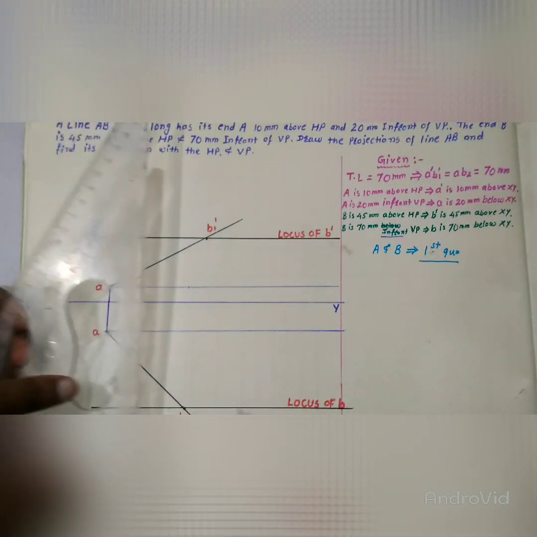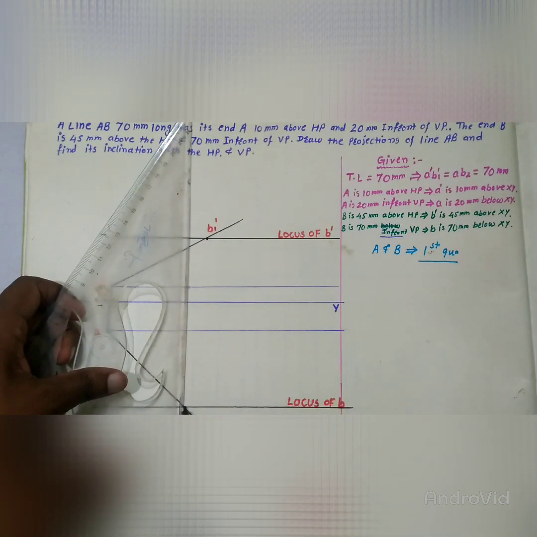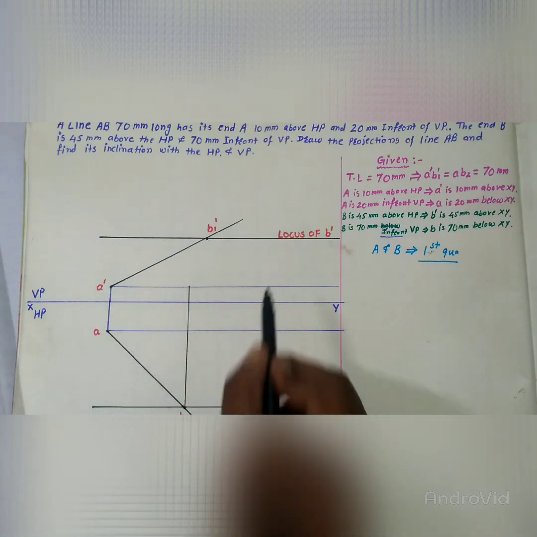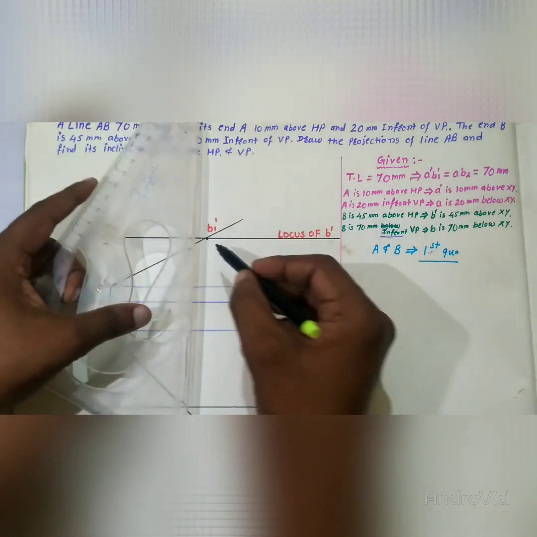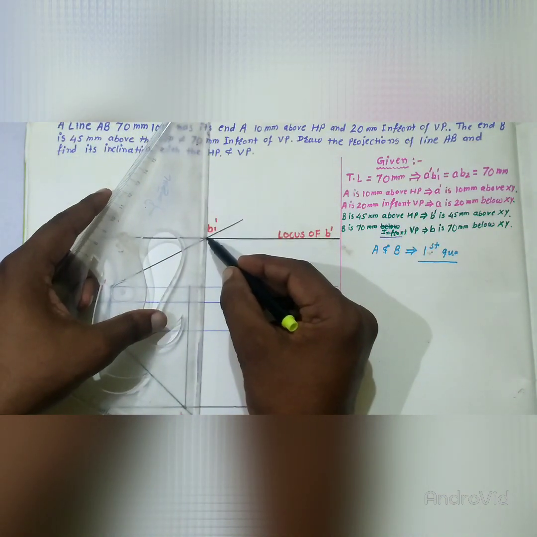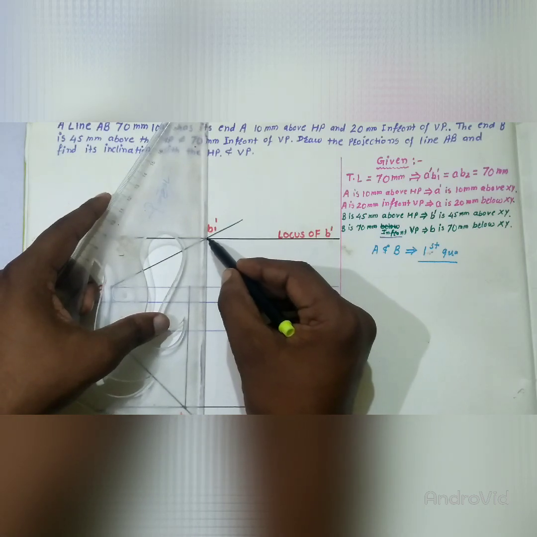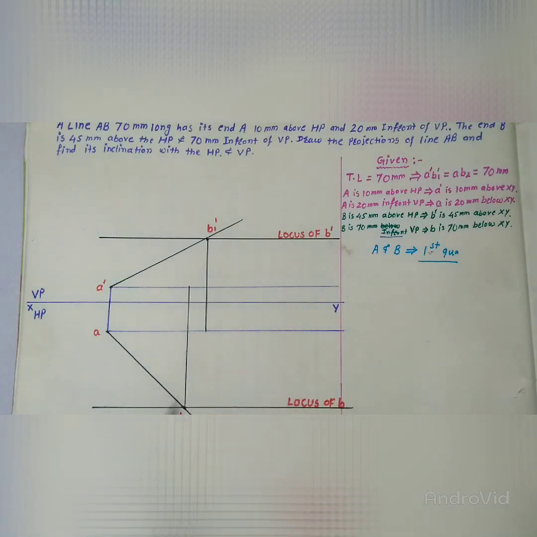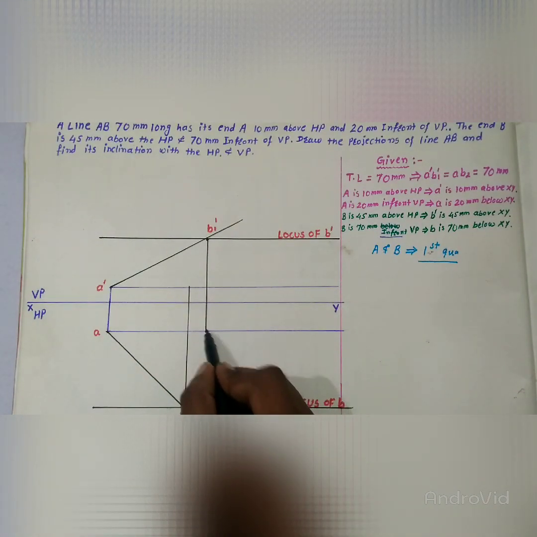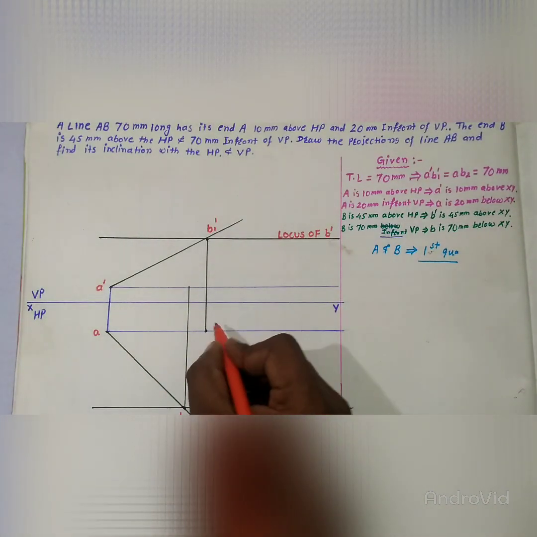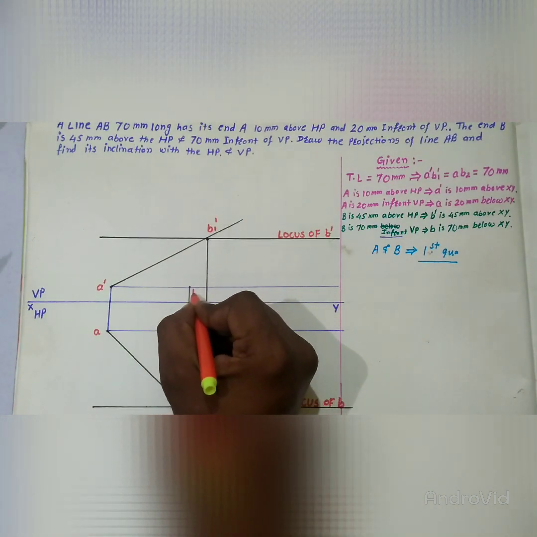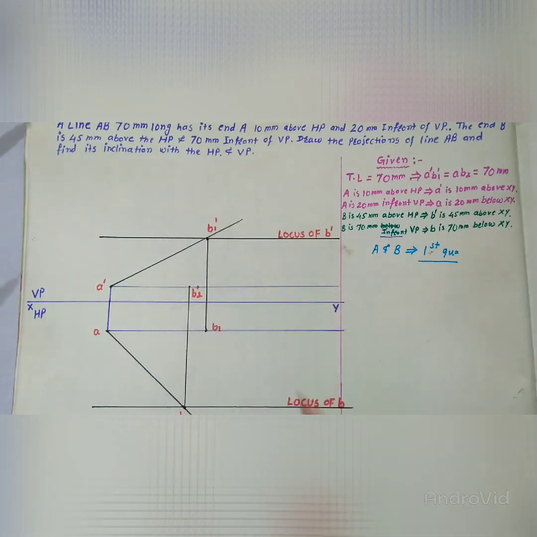Once you get the B2 point, we draw one straight line up to the locus of A, up to point A. So this is your point B1, and this point is your B2 dash point.